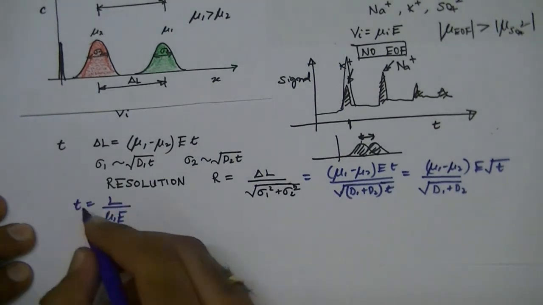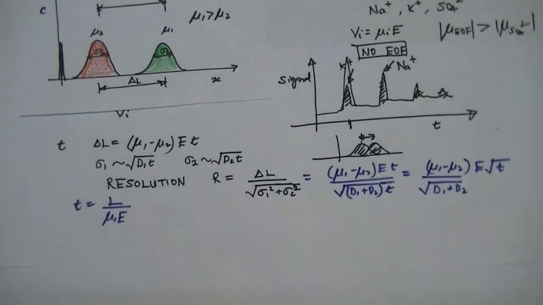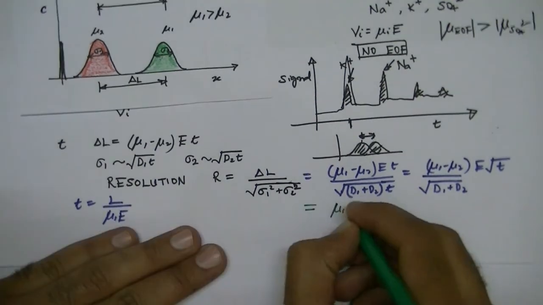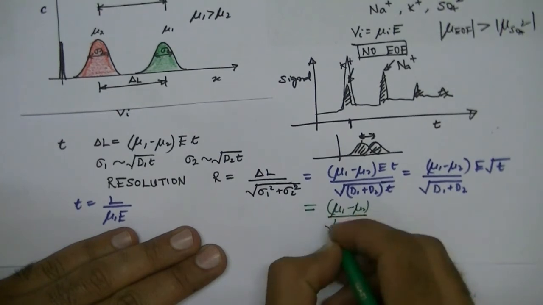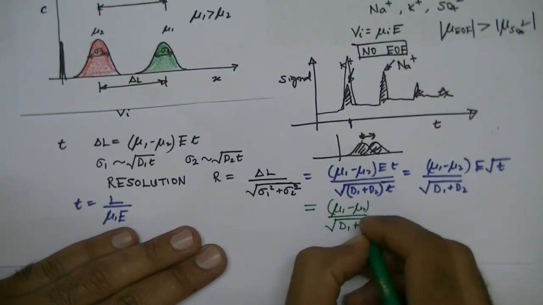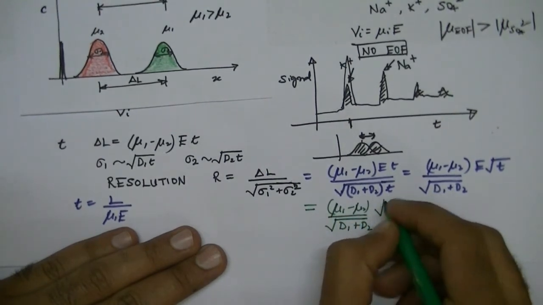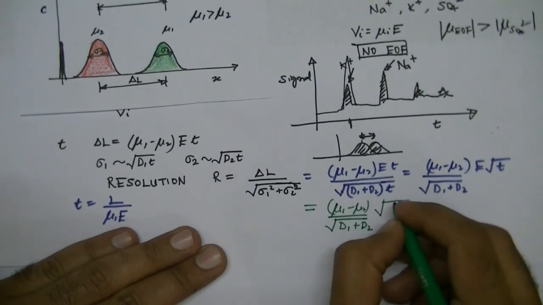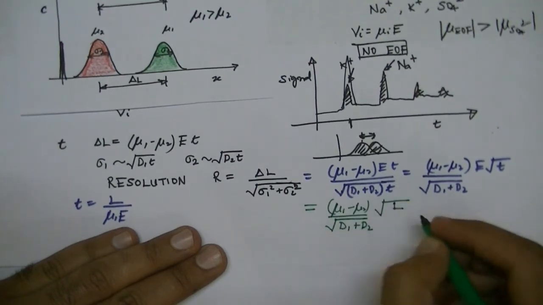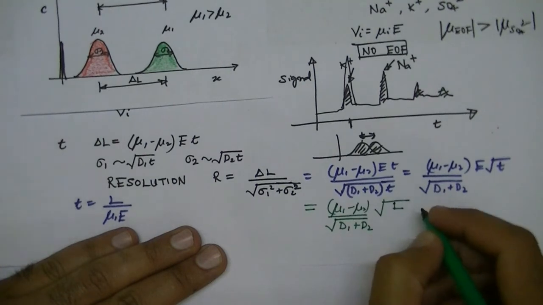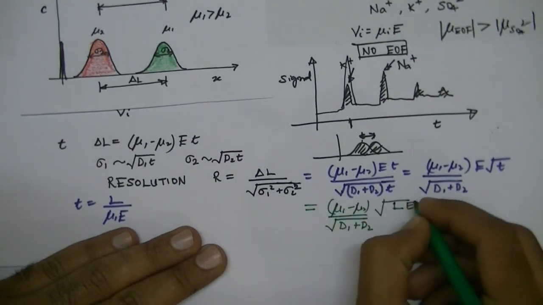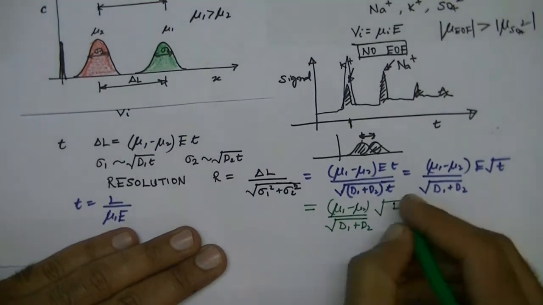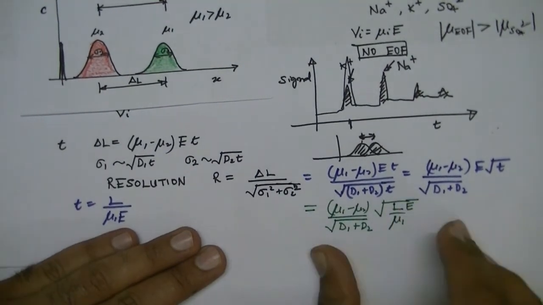So if you substitute this relation in this equation for resolution, we get mu1 minus mu2 over square root of D1 plus D2 times square root of L times electric field over mu1.